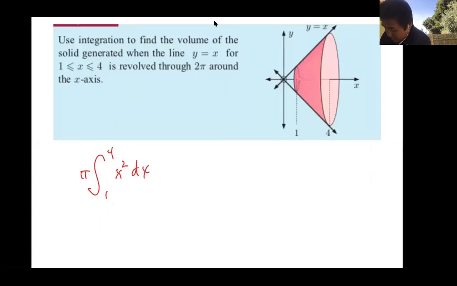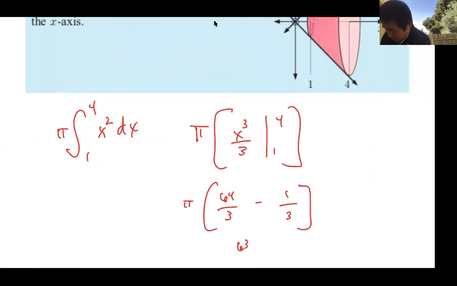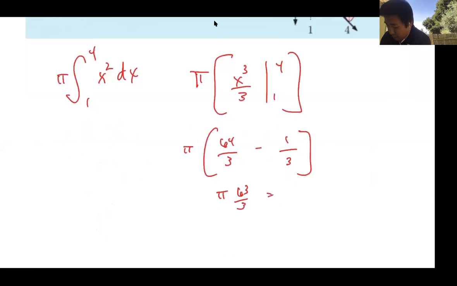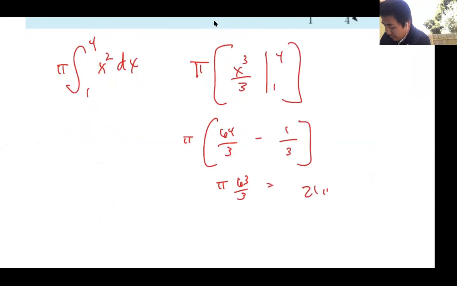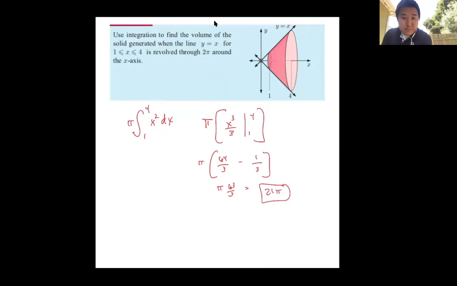You get x cubed over 3 from 1 to 4 times pi. 4 cubed is 64 over 3 minus 1 over 3, which is 63 over 3 pi, which equals 21 pi. Very nice.